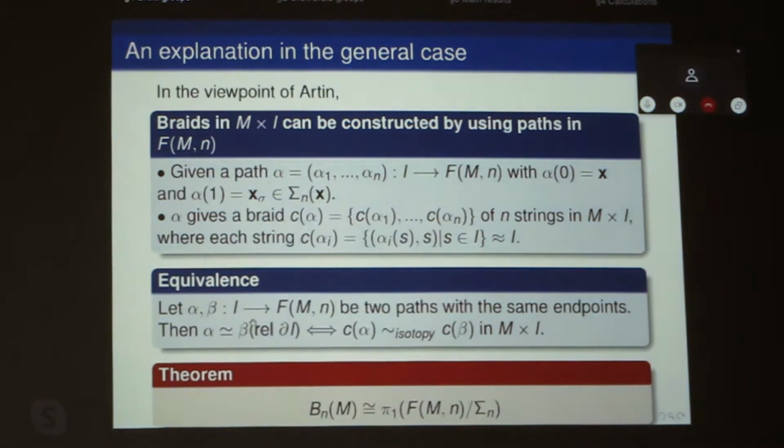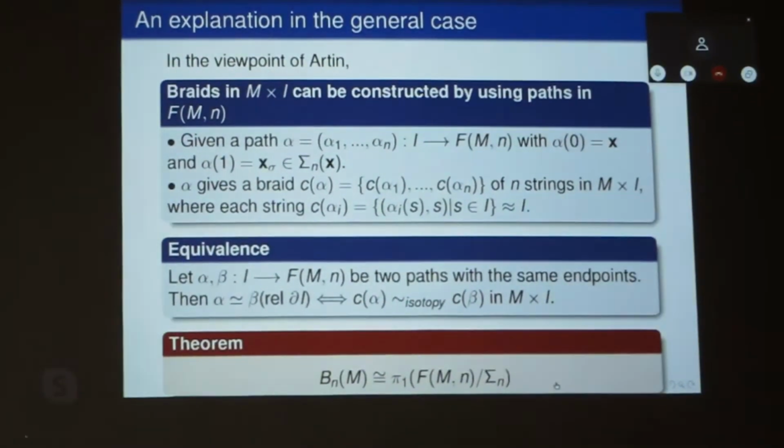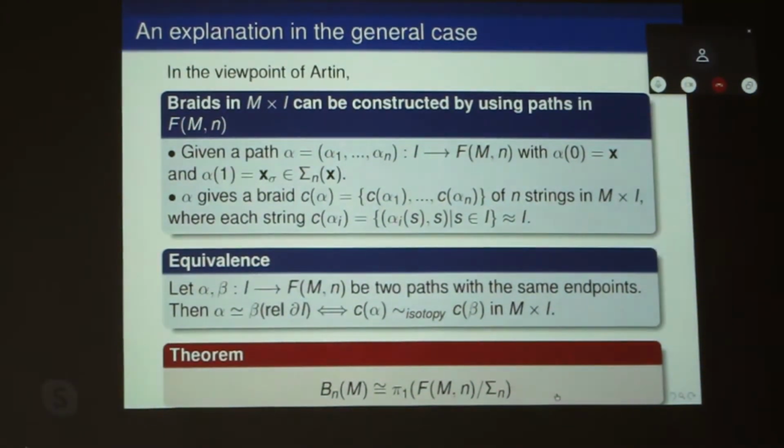So using this, you can get this theorem in the general case. Now you can use the fundamental group of the orbit configuration space to define the braid group.